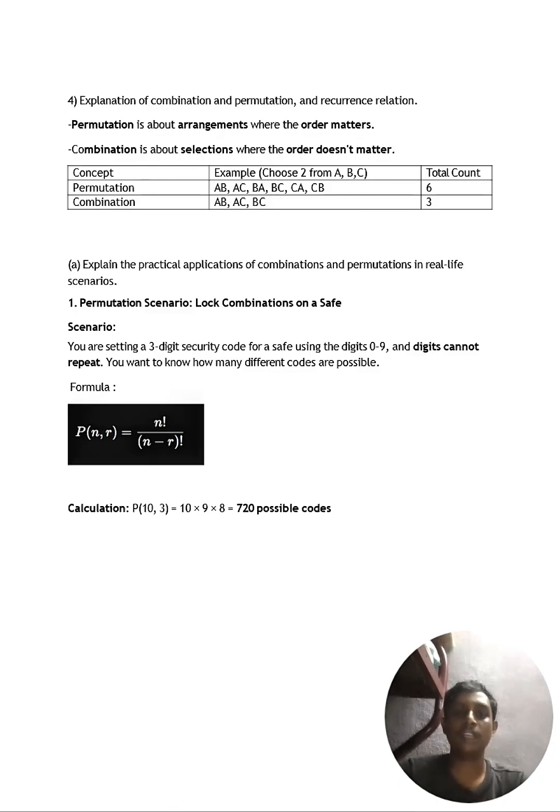N equals total items and r equals items you are arranging. Factorial means multiplying whole numbers down to 1. For a safe locker with a 3 digit security code, the total items will be 10 and the items you are arranging will be 3. So P(10, 3) will count as 720 possible codes that you can use to open my safe.